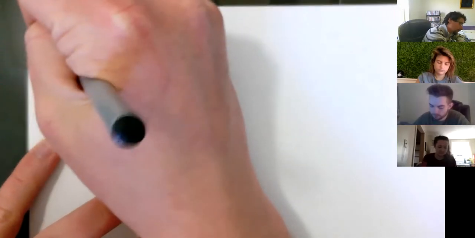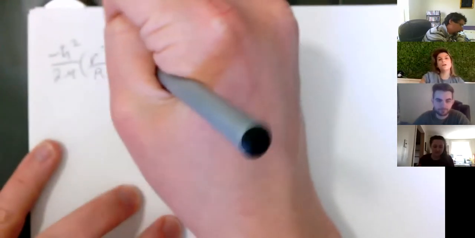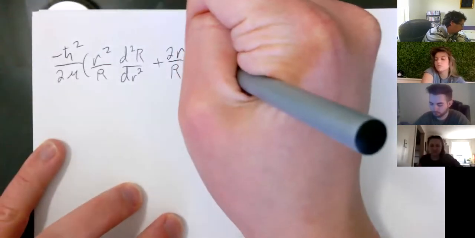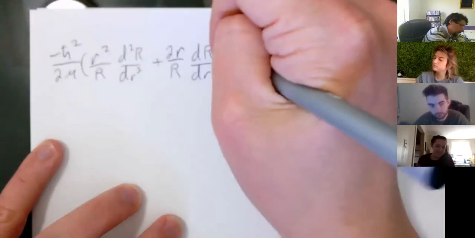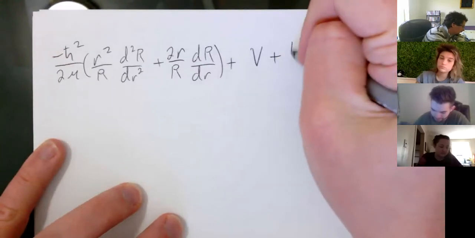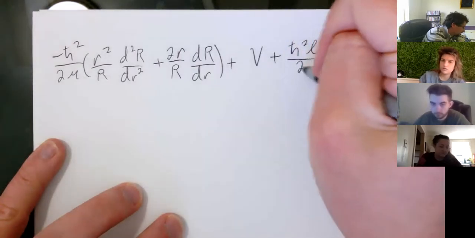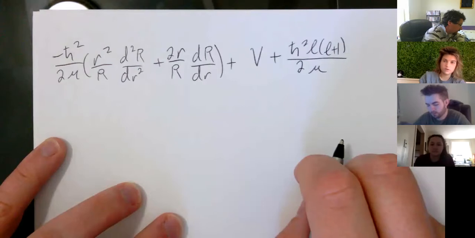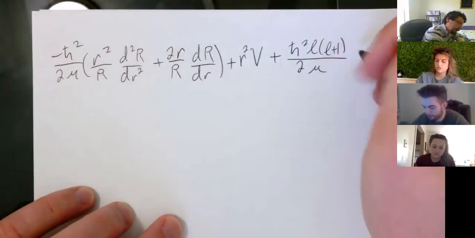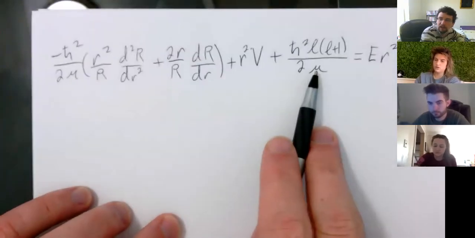We were trying to separate things, where we had negative h bar squared over 2 mu r, d/dr of r squared d/dr, plus V, plus h bar squared l(l+1) over 2 mu, equals E R. Shouldn't there be an R squared there?